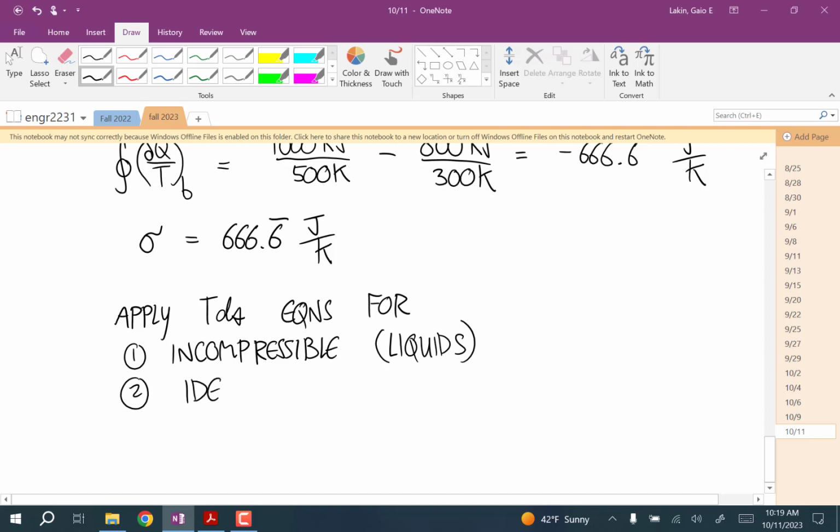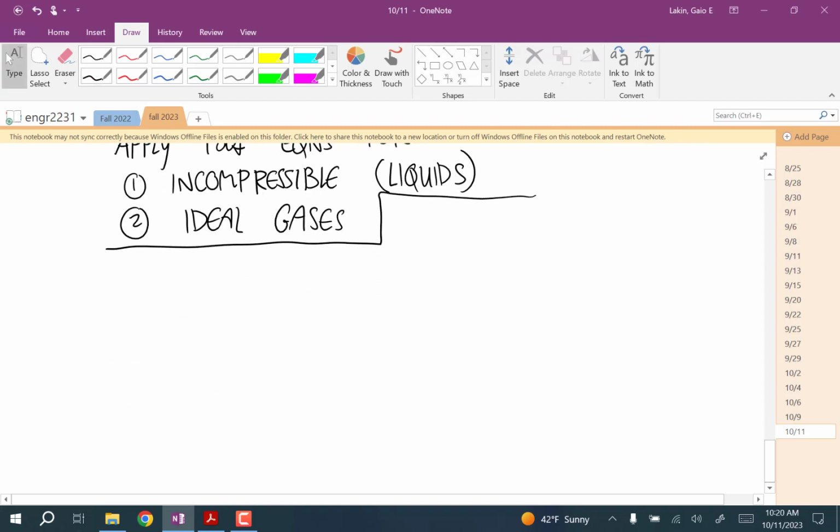And ideal gases. Okay, so we're going to start with incompressible materials. And the definition for incompressible materials is first, specific volume is a constant.